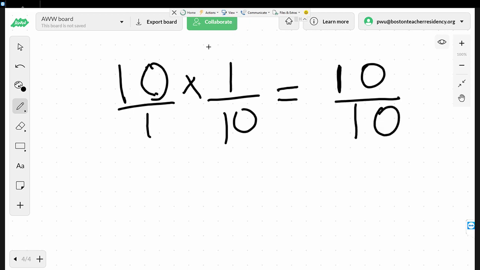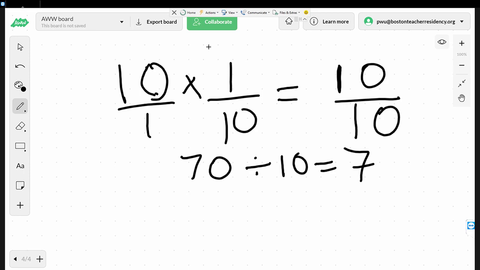But there's another thing we can think about. What happens when we divide numbers by 10? So let's say we have 70 divided by 10. Well, 7 tens go into 70, so this is 7.